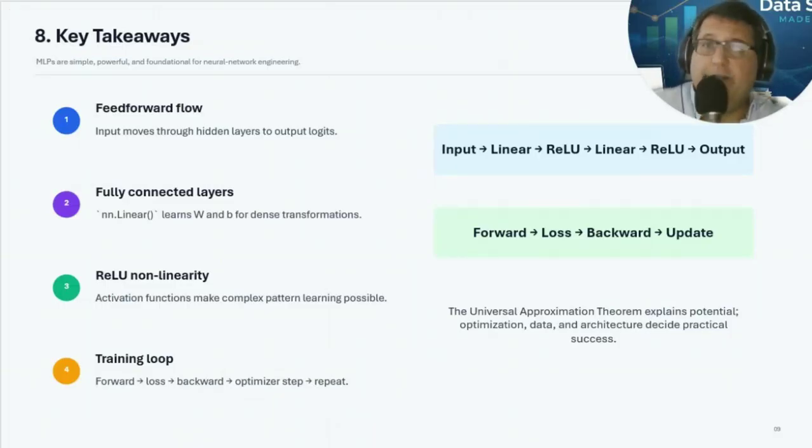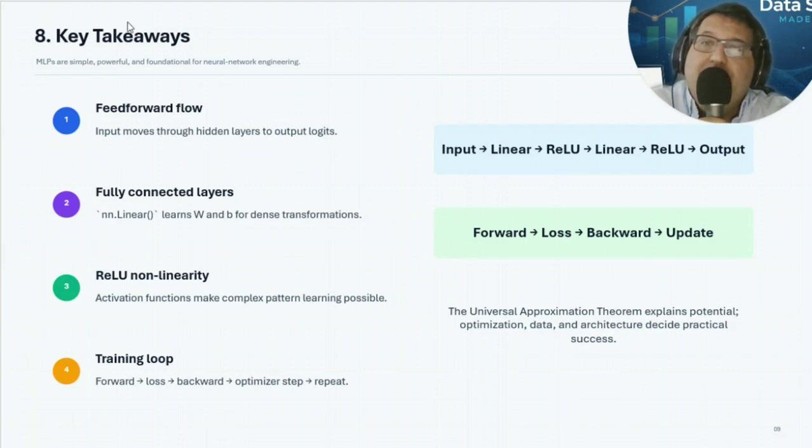Okay, we are at the end of this lesson. Some key takeaways. Let's bring everything together. The first concept to remember is feed-forward flow. In an MLP, information moves from the input through hidden layers and eventually reaches the output. Second, the MLP relies heavily on fully connected layers.